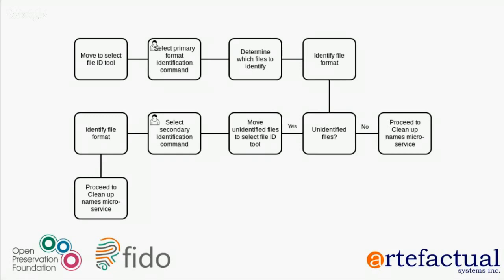This was debated a bit amongst the people involved in the project, and I think we concluded that in some more rare cases, you might get a positive ID out of Siegfried or Fido when you didn't with the other, but in general, because they both use the PRONOM registry, it seems a little bit less useful. Having said that, now with an updated version of Siegfried, you could also identify with MIME type, so that might be a useful thing to think about in this workflow as well.